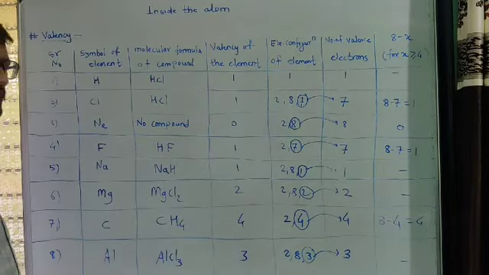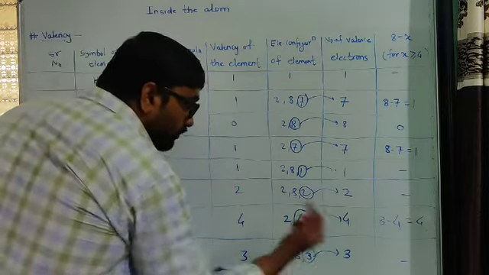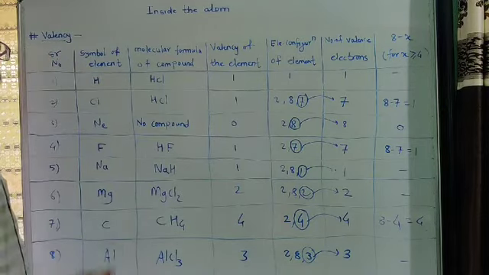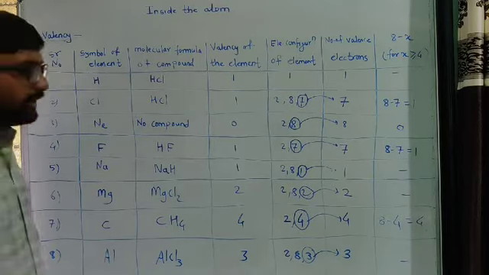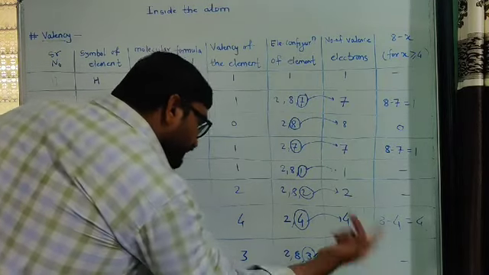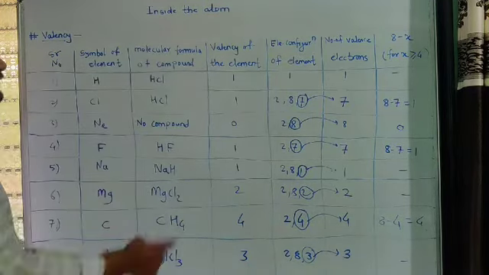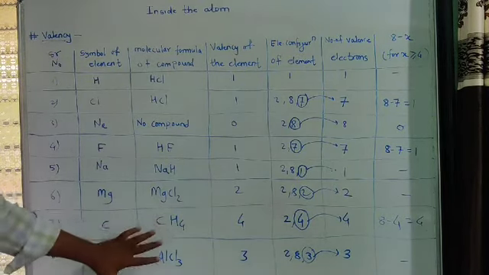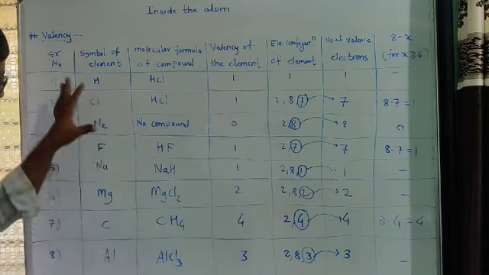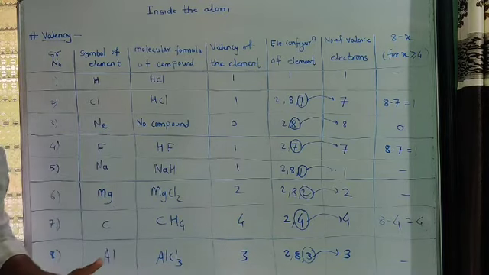The number of valence electrons is 3, meaning outermost electrons, and we know the rule: if valence electrons are less than 4, meaning 1, 2, 3, then that number itself is the valency of that element. Okay, in such a way we can easily find out the valencies of such elements.